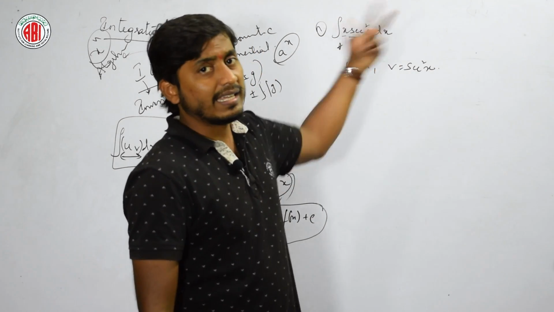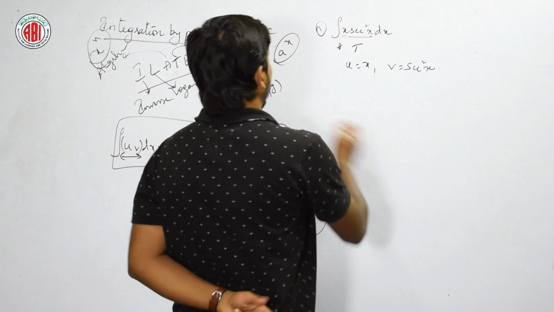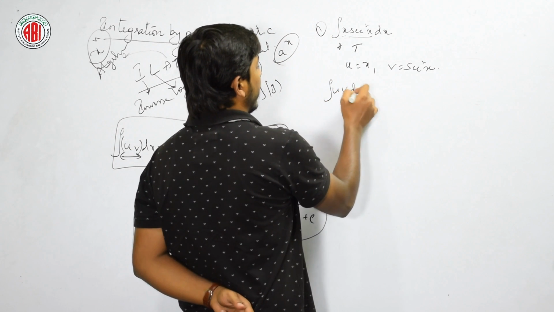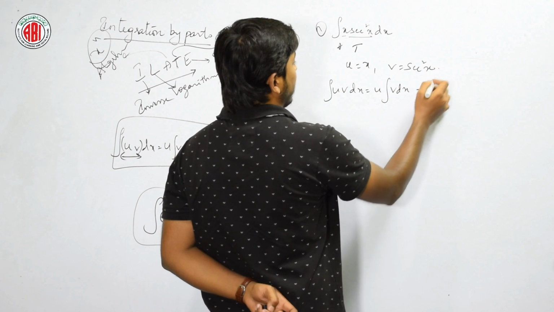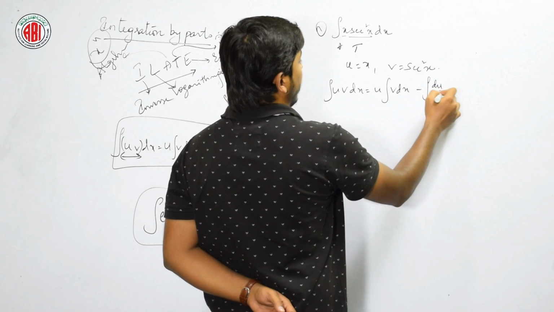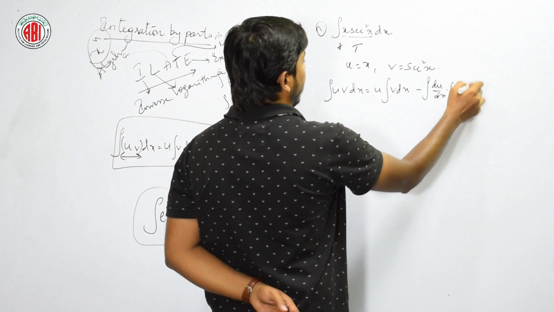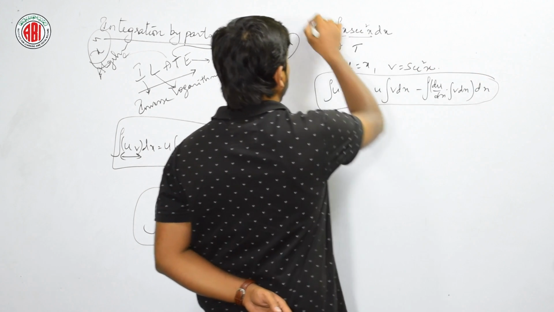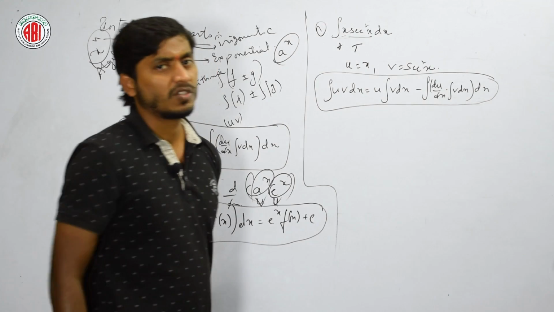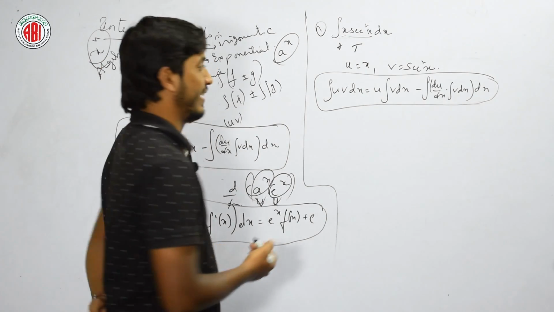So let us write the formula. What is the formula? Integral u v dx is u integral v dx minus integral du by dx into integral v dx whole dx. Clear? So shall we substitute? See here.